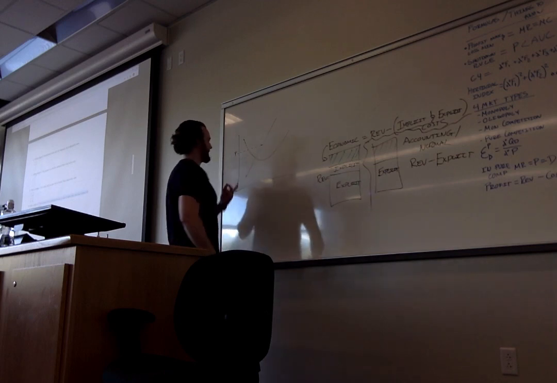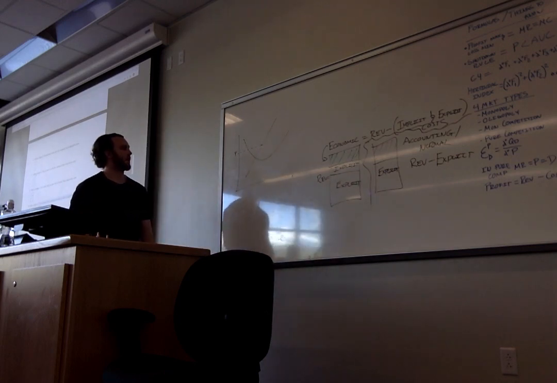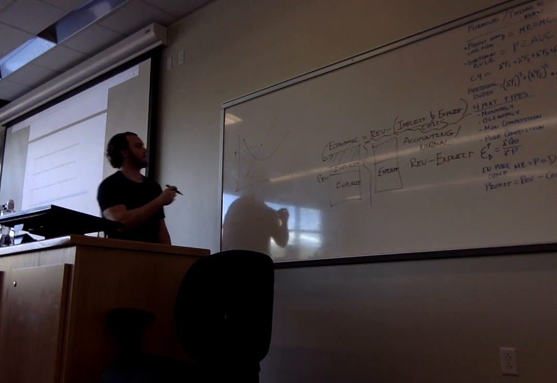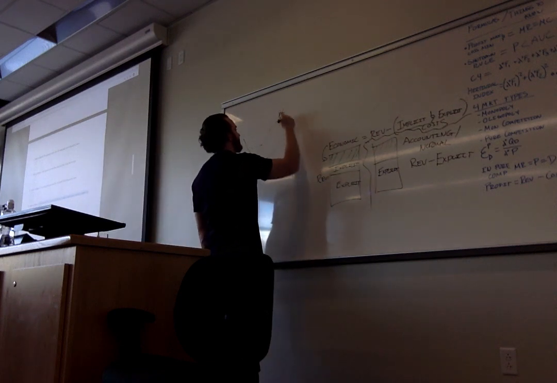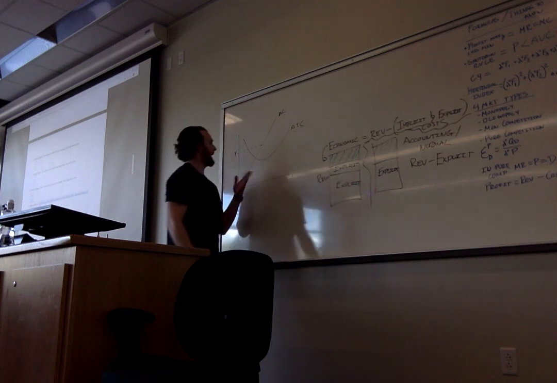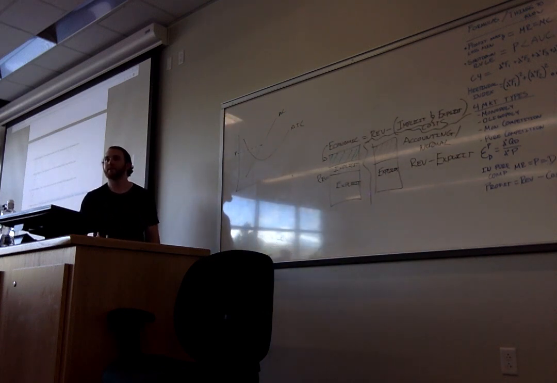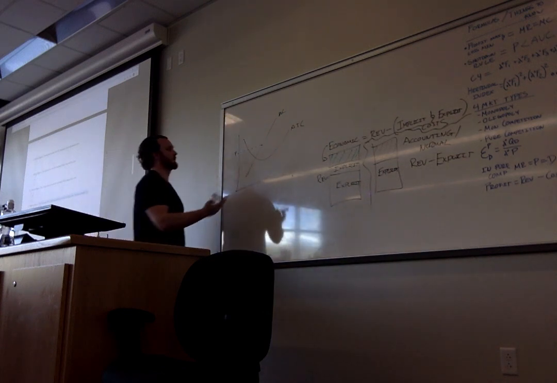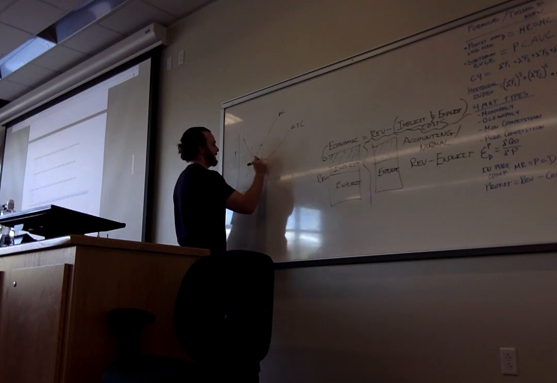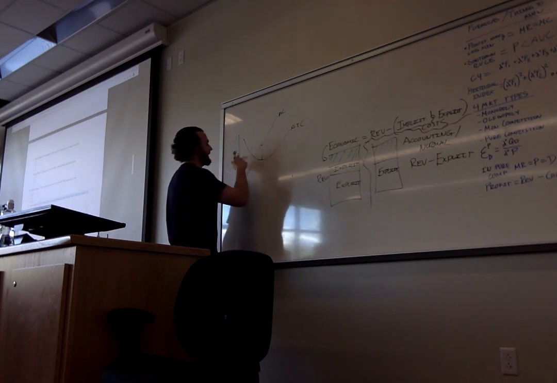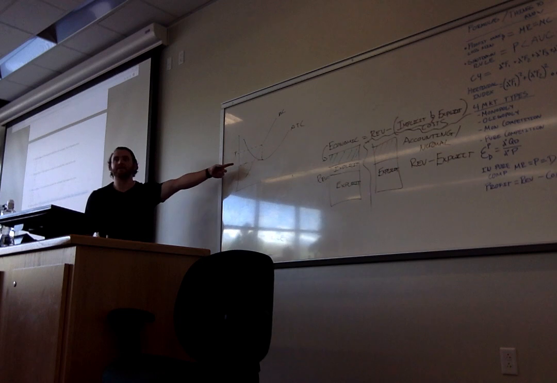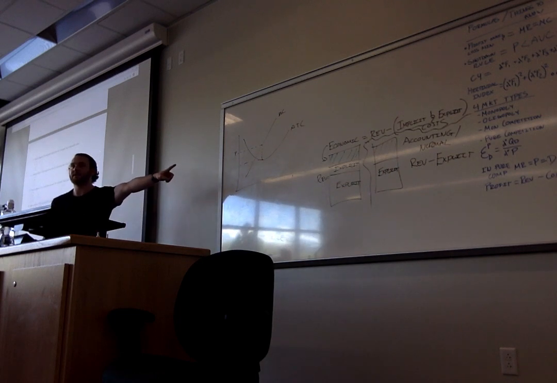Say that our price is here, and this is a perfectly competitive market. How do we find our profit? We go down to the average total cost curve, and that's where we get our profit. Would that be an economic profit or just an accounting profit? Accounting. Actually, it's economic. It's both.